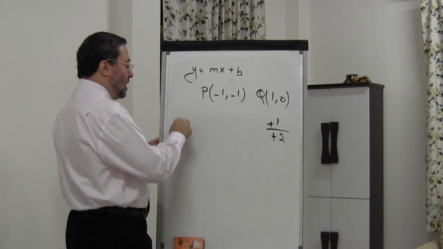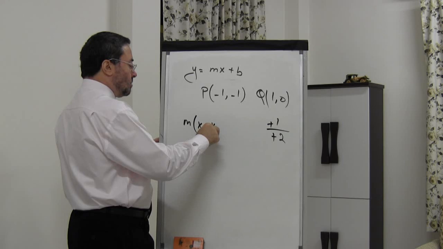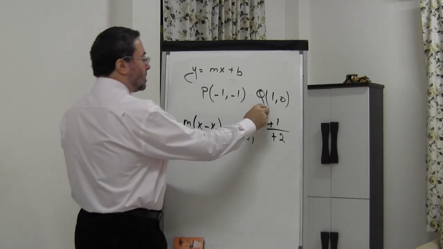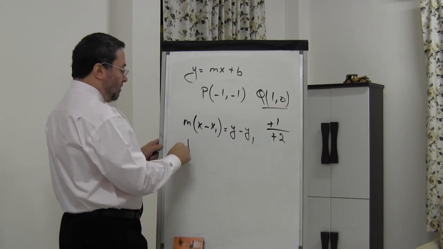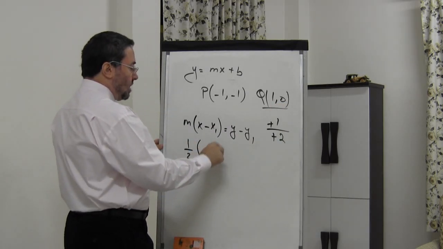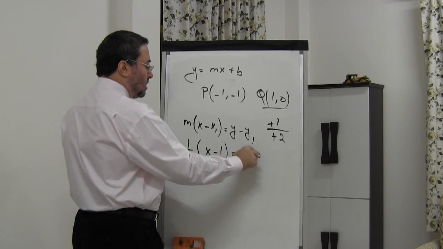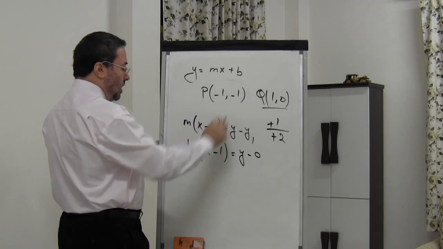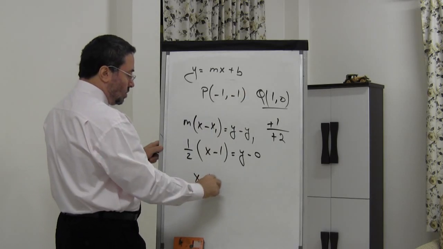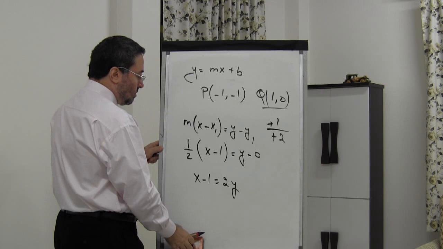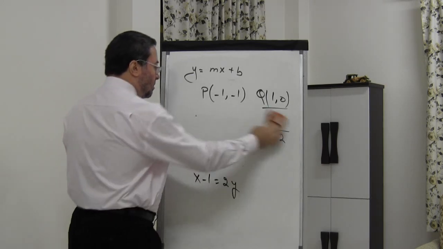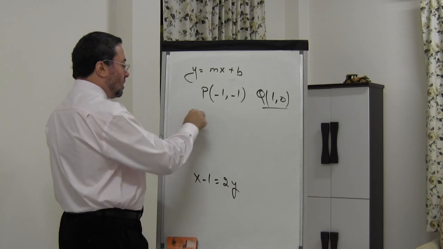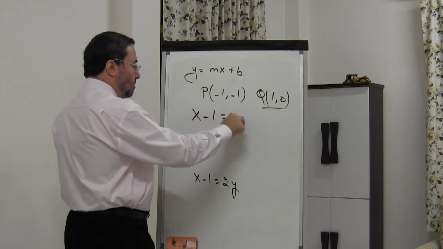Now applying the point-slope formula, using this as our point, half times x minus 1 equals y minus 0. The equation of this line, which is the PQ line, is x minus 1 equals 2y.